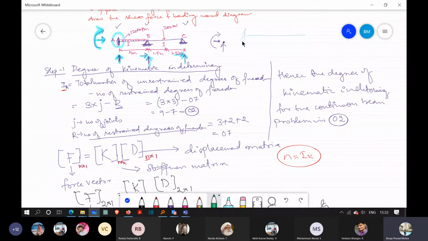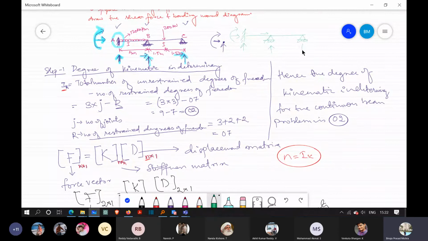Who can tell? If this is the beam, here the beam is restricted in this direction, and in rotation also it is restricted. Here it is restricted in vertical direction, and also in horizontal direction. So these two are restricted.